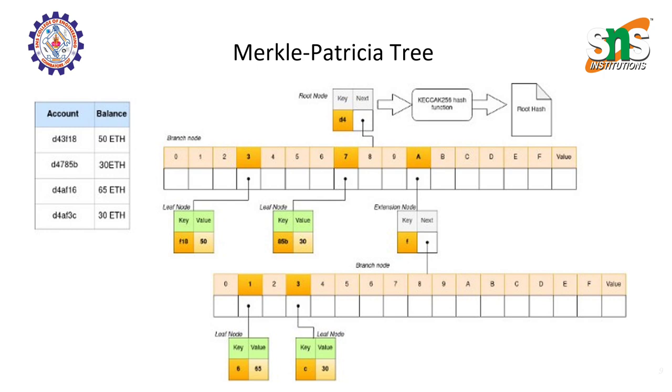So the root node stores the first 2 values of the account field. So first 2 value is D4. So the remaining values are the branch information. So the key value is nothing but D4, and the next is the information 318.